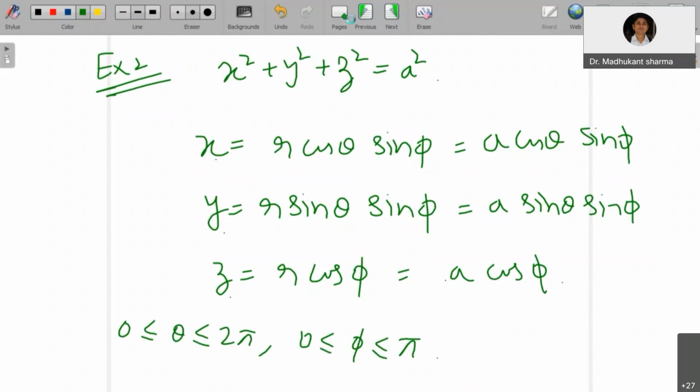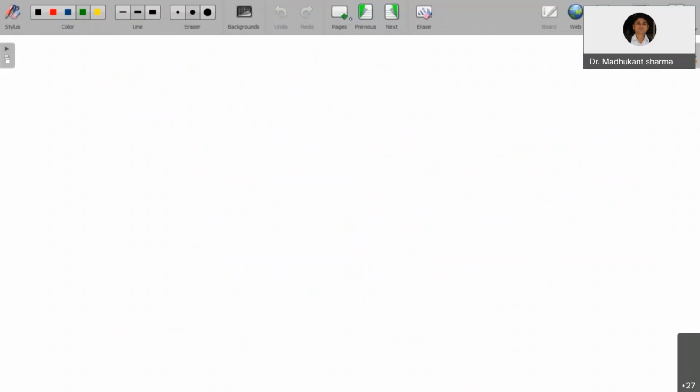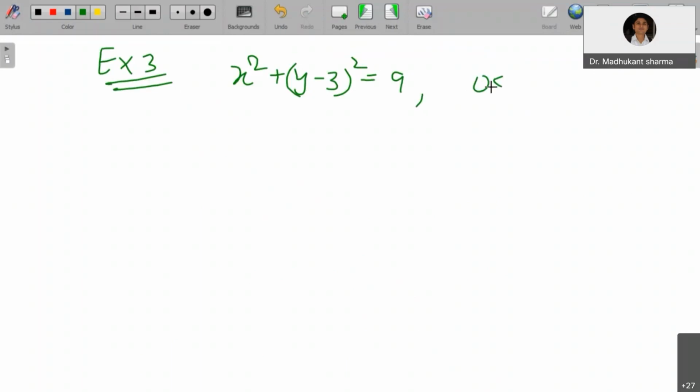Now let's take another example, a cylinder. Example 3 is the cylinder x squared plus (y minus 3) whole squared equals 9, with 0 less than or equal to z less than or equal to 5. Again, it's a cylinder that you can draw.